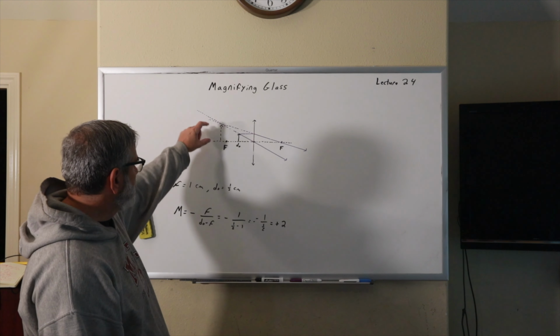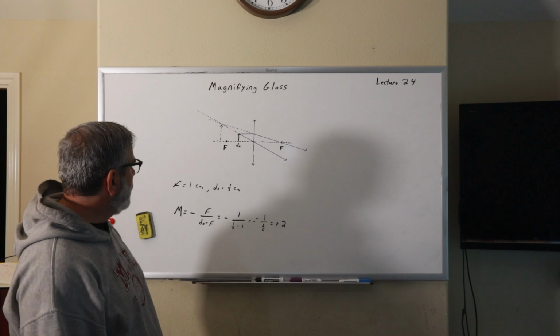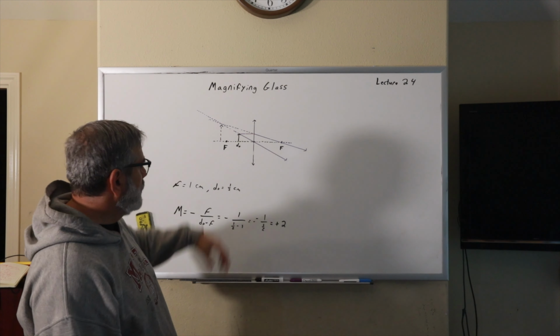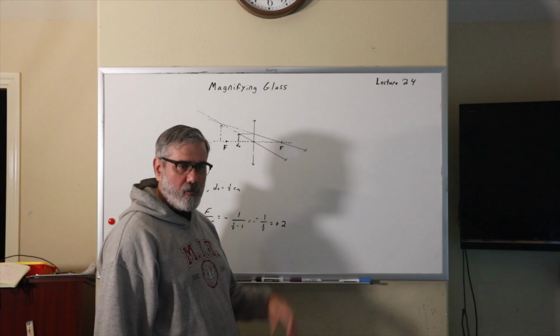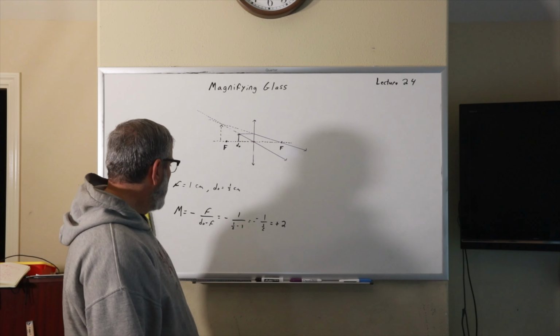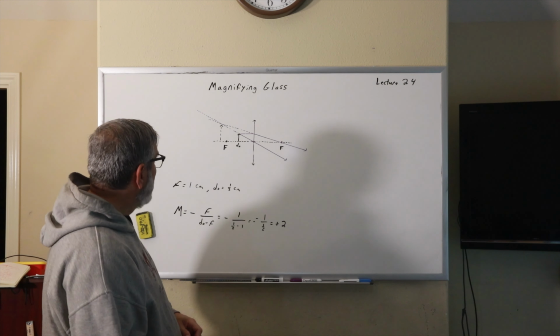So we get a magnification of 2. And my drawing looks roughly like that's the case, because I was a little bit careful here, putting the focal points in the right position. So that's the magnification of it.